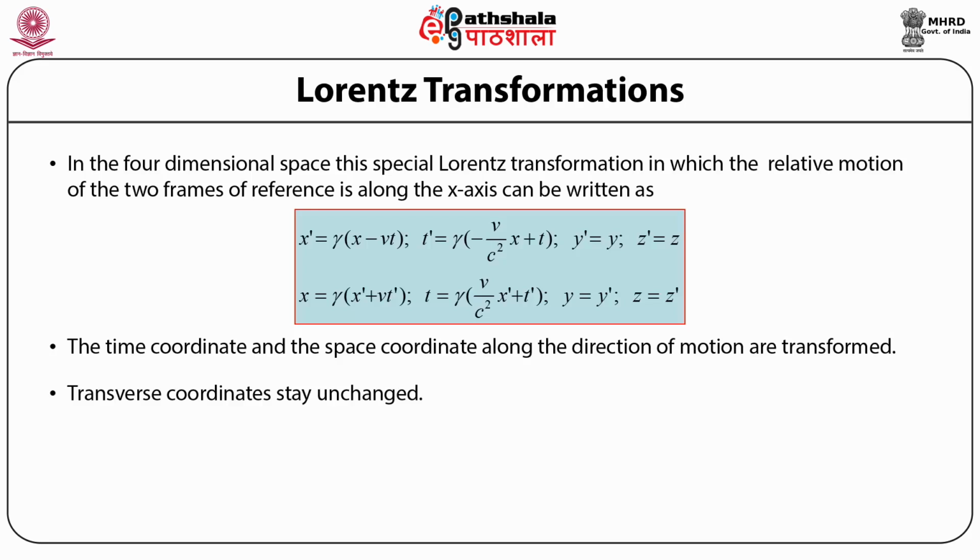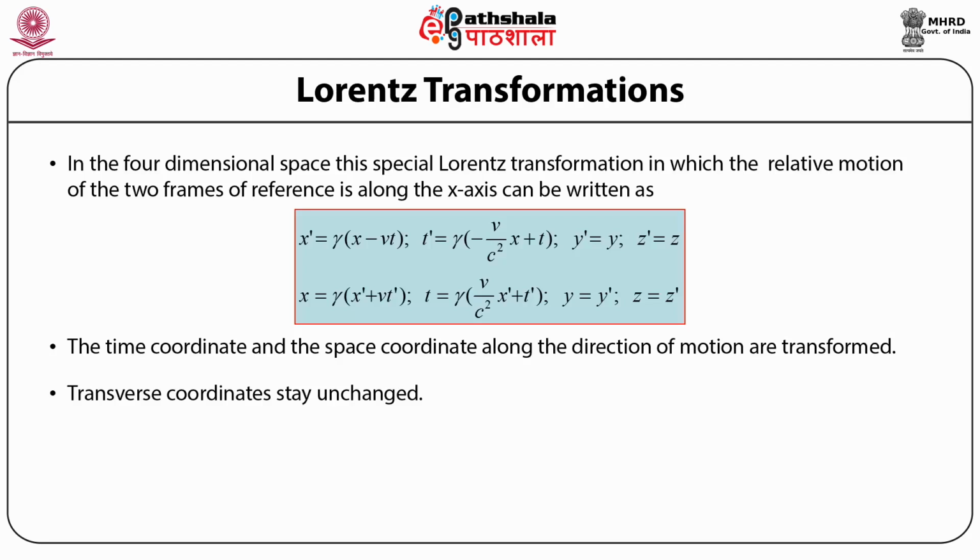So the Lorentz transformations can be defined as x prime is equal to gamma times (x minus v times t), t prime is equal to gamma times (minus v by c square times x plus t), y prime is equal to y, and z prime is equal to z.